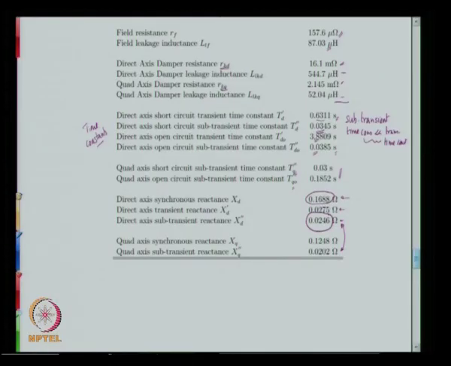You can see here that xd has a value of 0.1688 ohms, whereas xd double dash has a value of 0.0246 ohms. So this is quite small, almost 5 to 6 times smaller, even more than that, smaller than xd, and therefore the initial value of the flow of current when subjected to short circuit can be substantially higher, 7 to 8 times higher.